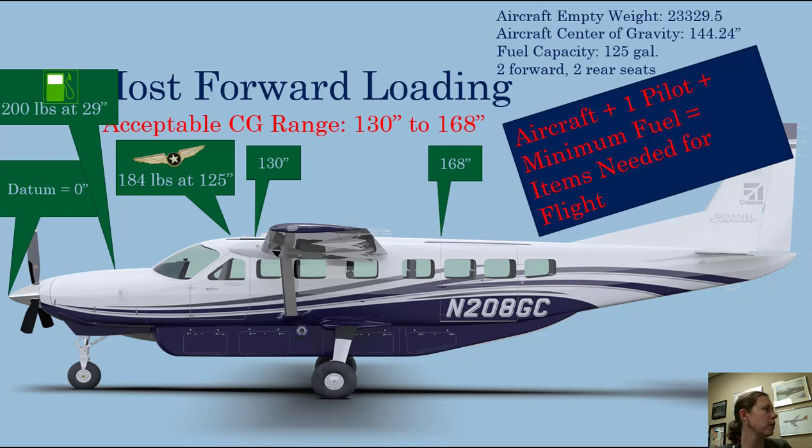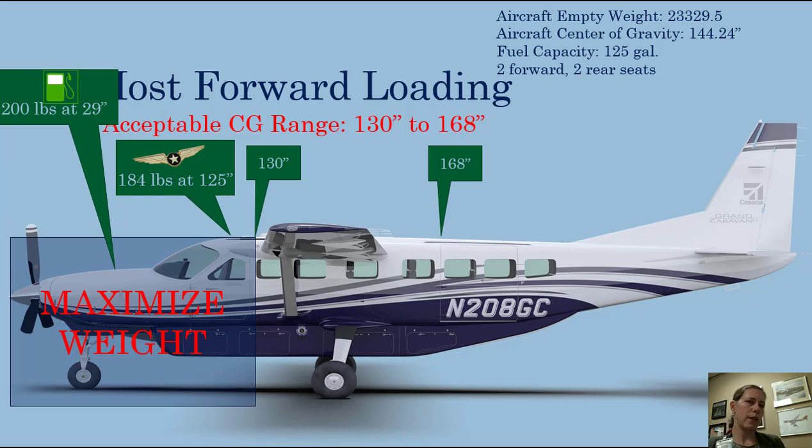So let's take a look at the form where we're going to enter that information. And then we also want to think about the fact that it's a forward loading problem. That means anything that is forward of my acceptable center of gravity range, which is 130 inches, that's the beginning of my range. If you look at my diagram here, I have drawn a rectangle, so 130 inches is at this location. Anything that is forward of this location, we are going to maximize that weight.